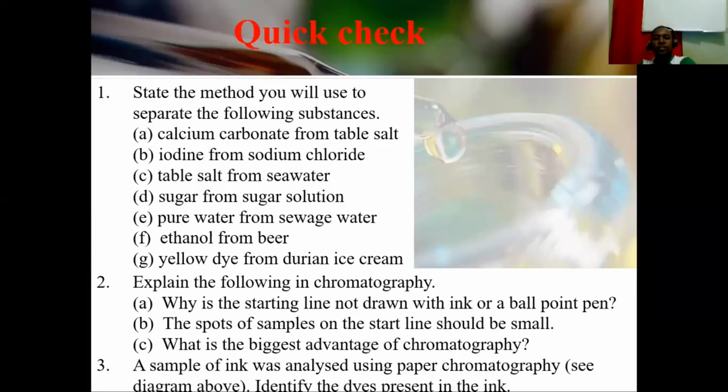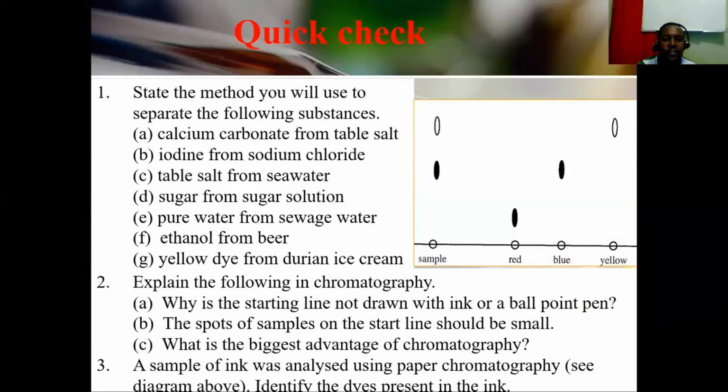State the method you use to separate the following substances: calcium carbonate from table salt. How do you think we would separate calcium carbonate from table salt?